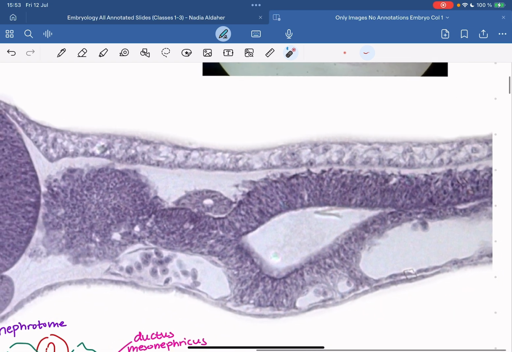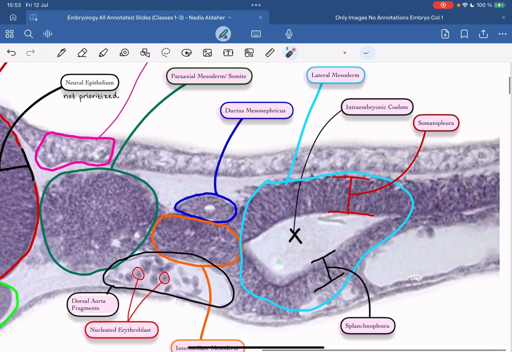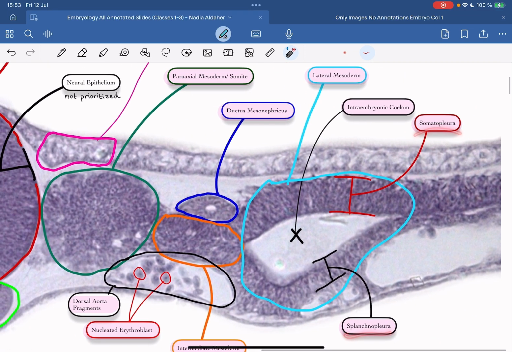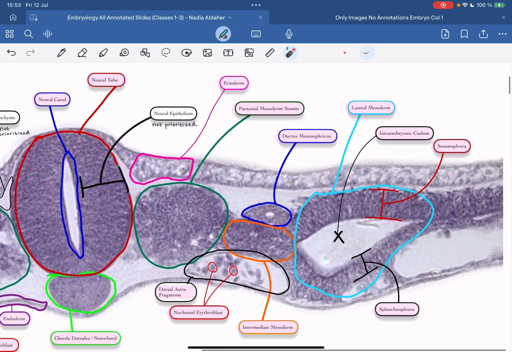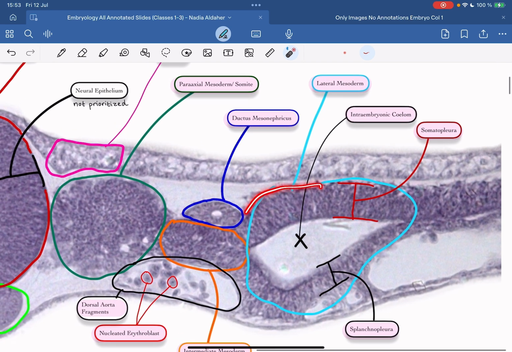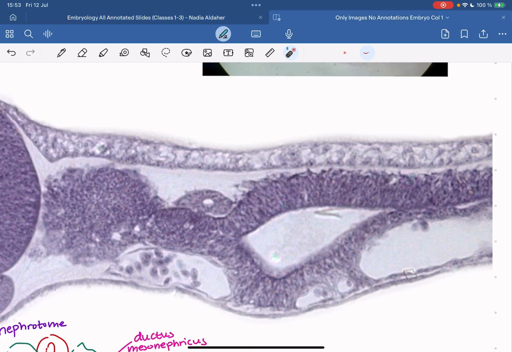Easy to remember, right? So they are quite difficult names, but again, the naming isn't as difficult as actually identifying where they're supposed to be. So lateral mesoderm is this entire thing, and then the top layer being the somatopleura, the bottom layer being the splanchnopleura. And then we have the opening.